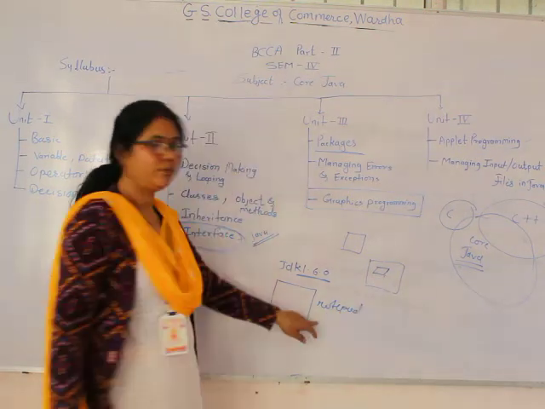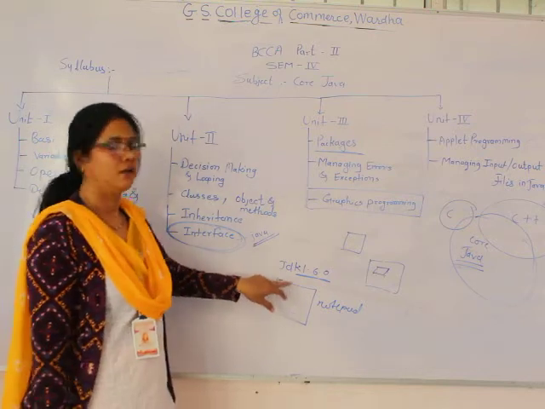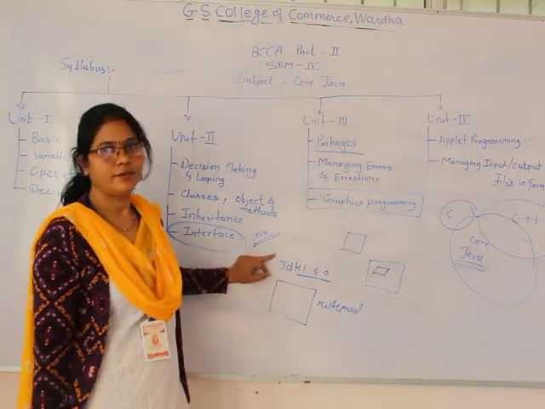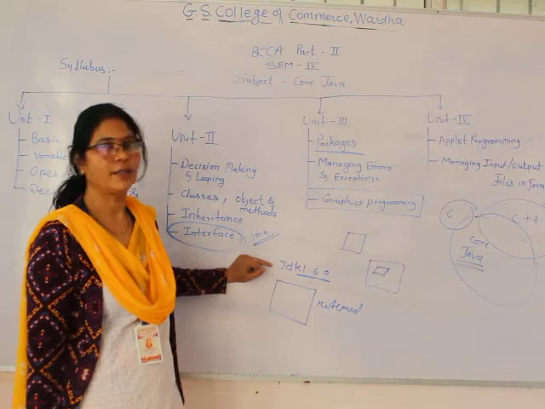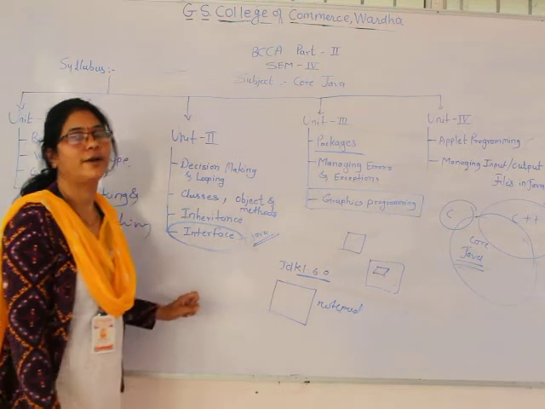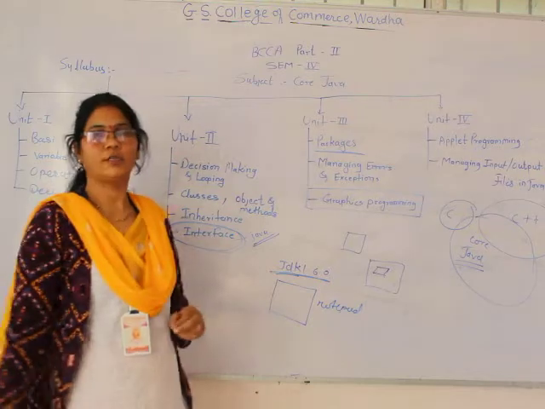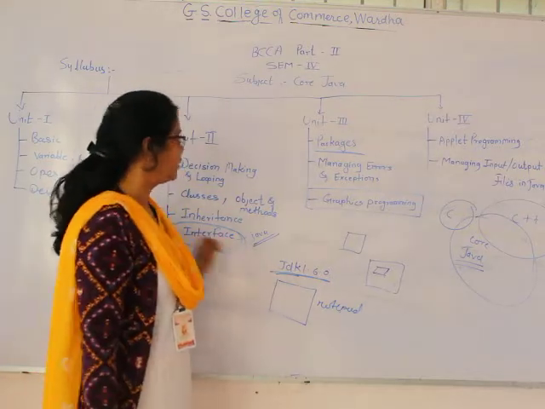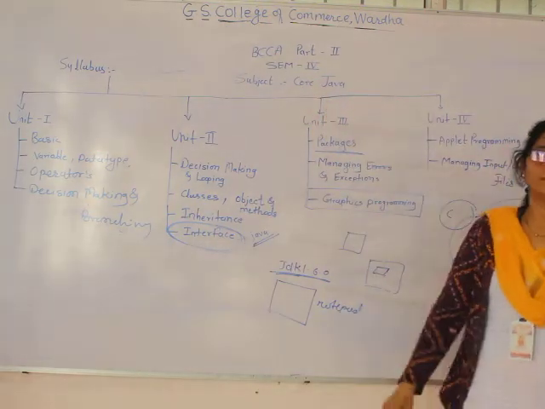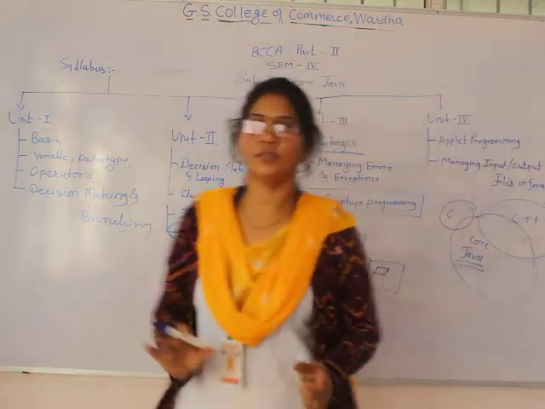We create our file in Notepad and save this file in the bin directory of JDK 1.6.0, and then we run that file with the help of the tool provided by the JDK. So this is the basic concept of the toolkit, and this is the syllabus of our subject, that is core Java. So this is a small introduction of the Java syllabus.